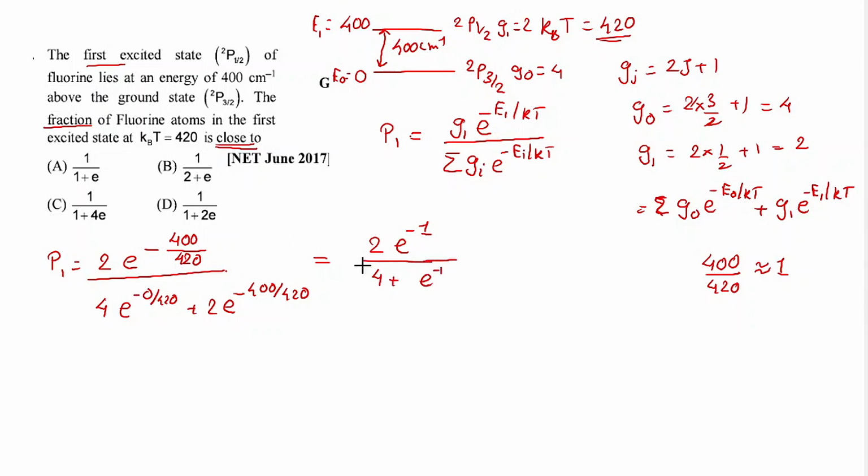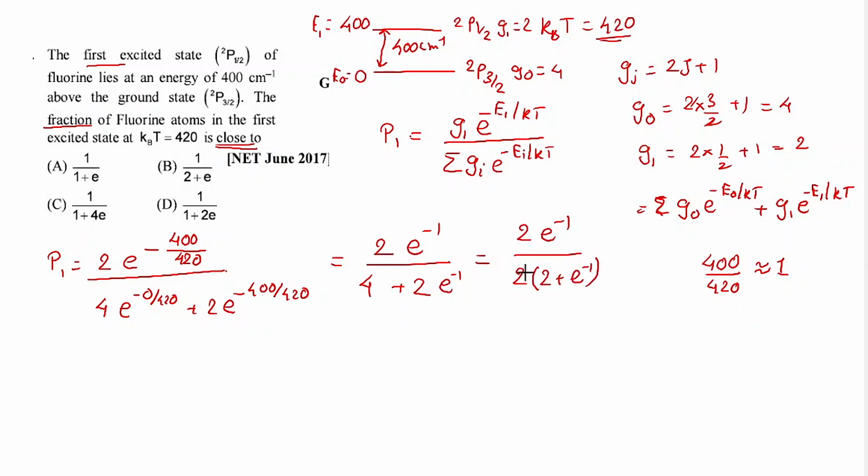Now let us simplify this. From the denominator we can take 2 common. So we will have 2 e raised to minus 1 upon 2 into 2 plus e raised to minus 1. So this 2 will be cancelled out. We will have e raised to minus 1 upon 2 plus 1 upon e, and taking the common denominator, we will have e raised to minus 1 into e upon 2e plus 1.